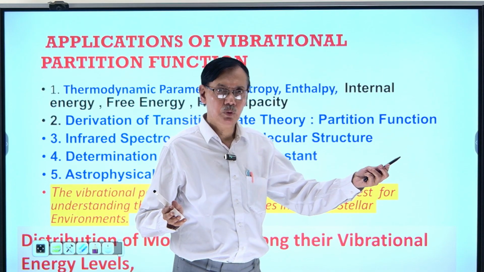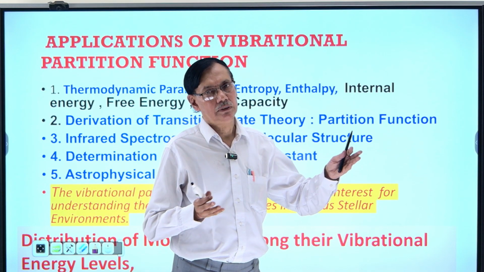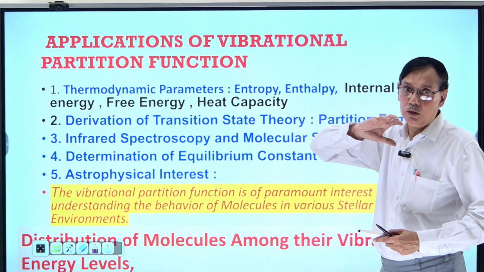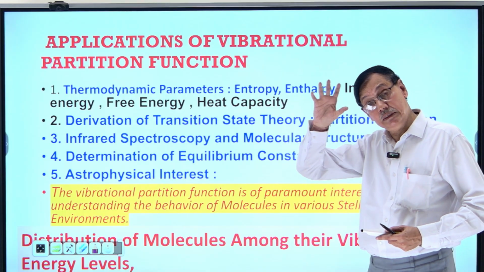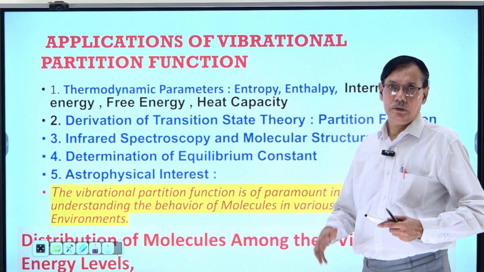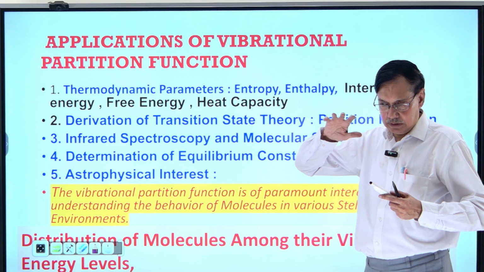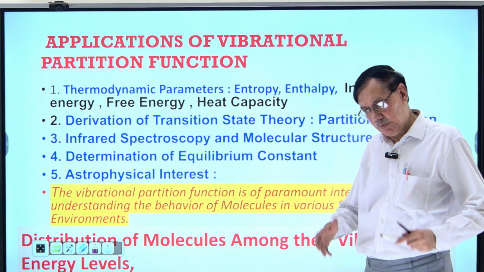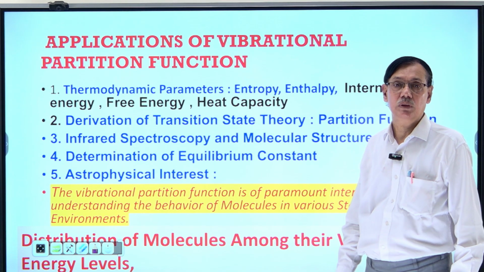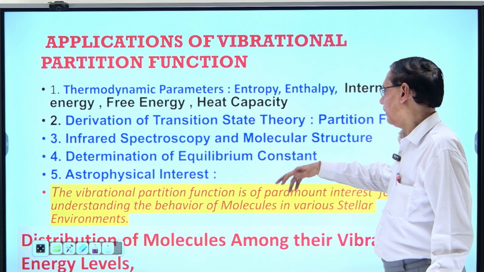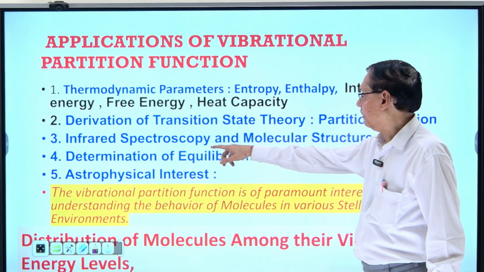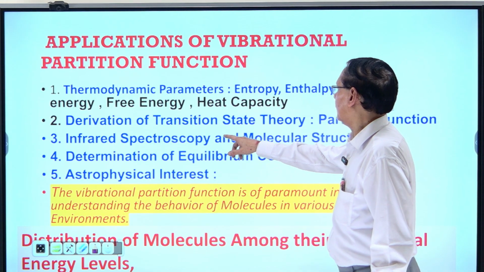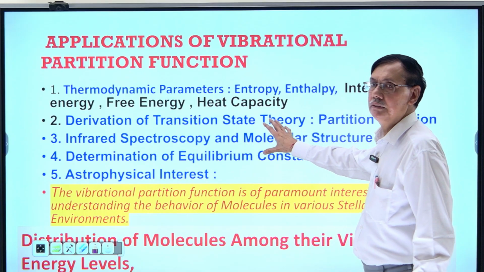There are two partition functions, one translational, another vibrational, in order to understand the transition state, because at the transition state particular molecules experience acute vibrations. So, therefore, we use the vibrational partition function. So, I have written that the vibrational partition function is very useful in the transition state theory.